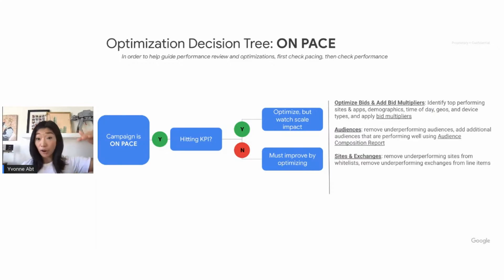The second scenario is where you're on pace, but you're not hitting your KPI goal. And here we definitely need to make some more significant optimizations. You're going to want to exclude those low performing audiences, or maybe even add in some high performing audiences and scale up on those to make sure that you're getting closer to the KPIs that you want to hit.